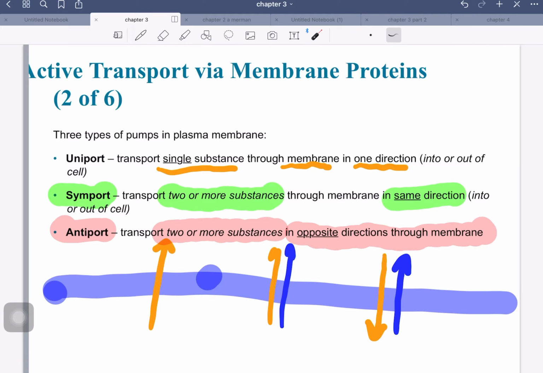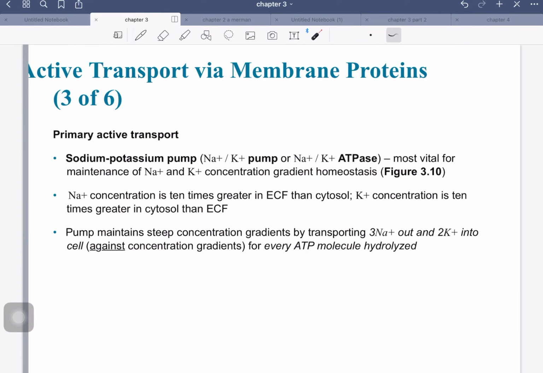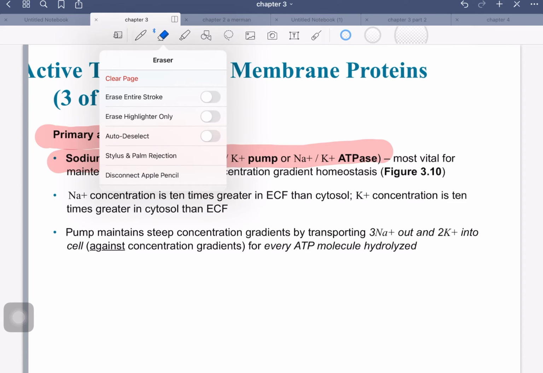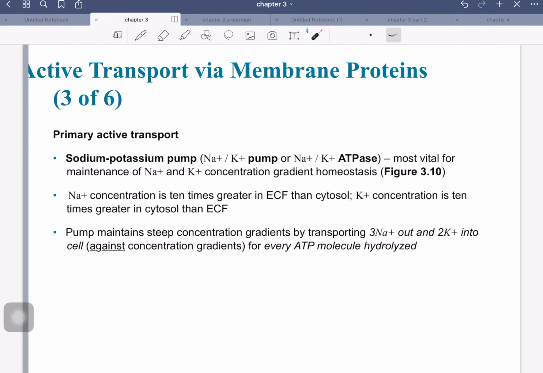Okay, now that we've talked about the three types of pumps in the plasma membrane, because you're either a uniport, a symport, or an antiport, let's start looking at the concept of primary active transport. One of the best examples of that is the sodium-potassium pump. With a name like that, it's no great surprise what it will transport.